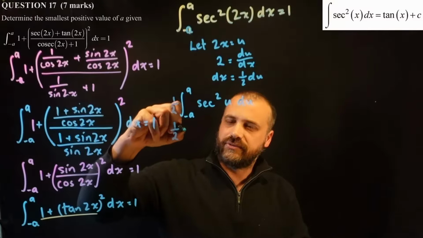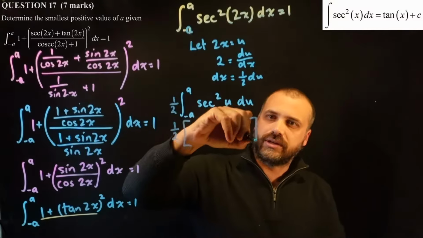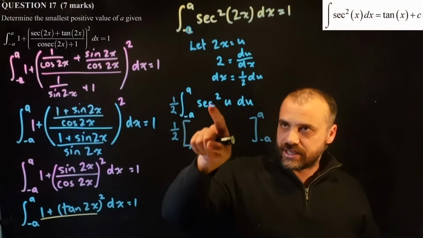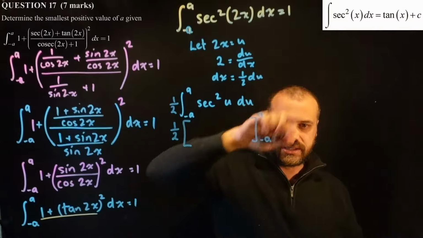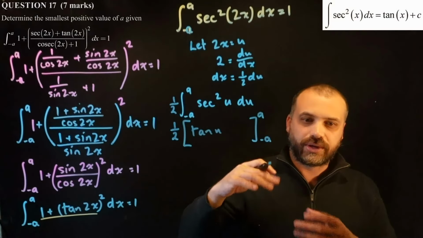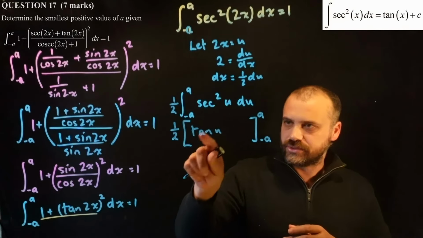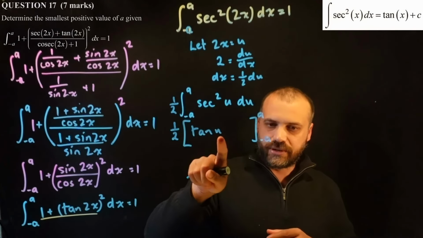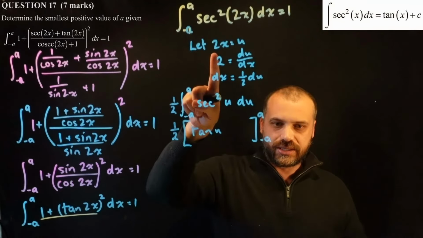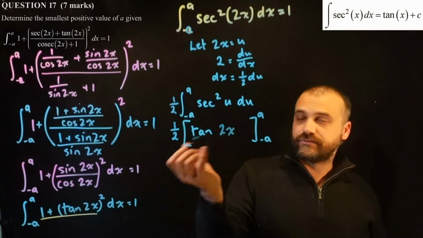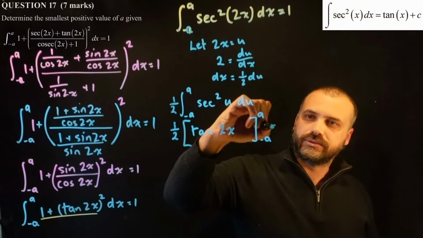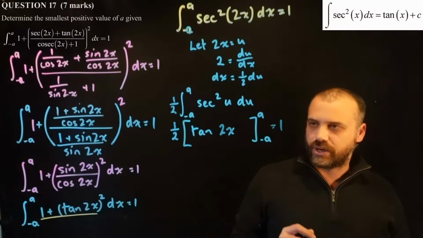It's half, and we're going to go from negative a to a of sec squared u, which is going to be tan u, and then we don't need a plus c because we're doing a definite integral, so just tan u. But of course u is 2x. Okay, and finally we have tan 2x times half equal to 1.